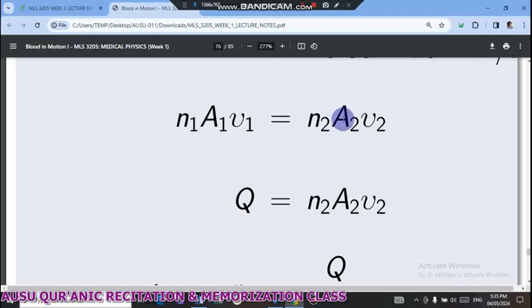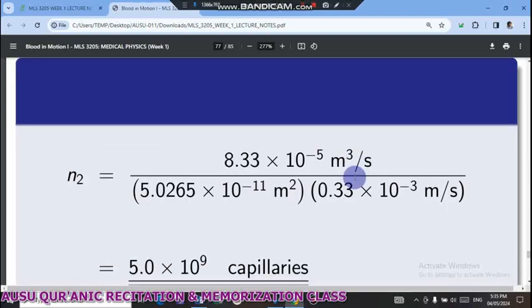If you add together the cross-sectional areas of all the capillaries, which are in billions, multiplying the area of one capillary by their number gives a very large quantity. That tells you the cross-sectional area is large, and because the cross-sectional area is large, the velocity will be small, considerably small.